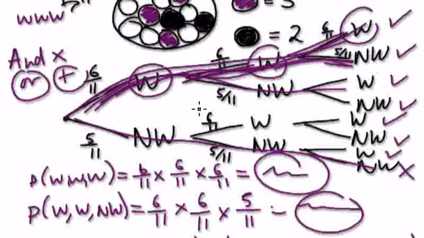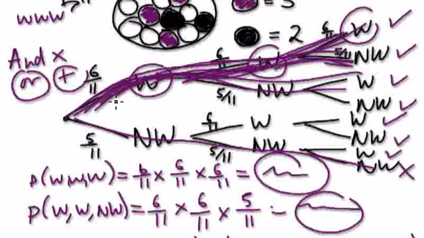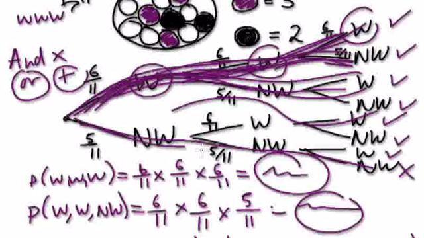Because rather than me adding up all these branches, this add this, add this, add this, blah blah blah blah, I'm just going to work out this branch and just get 1 take away this branch here.